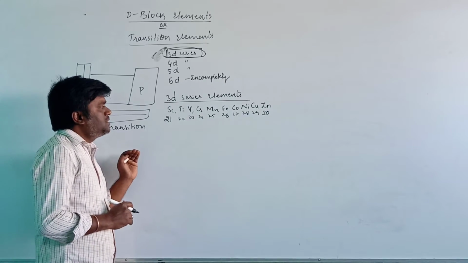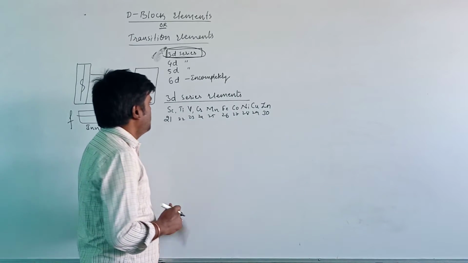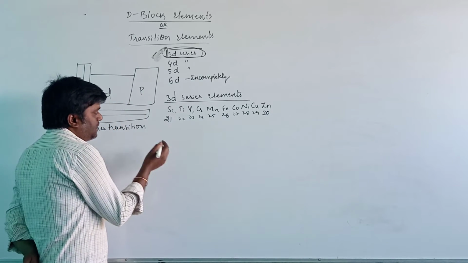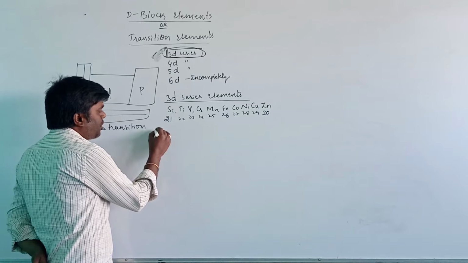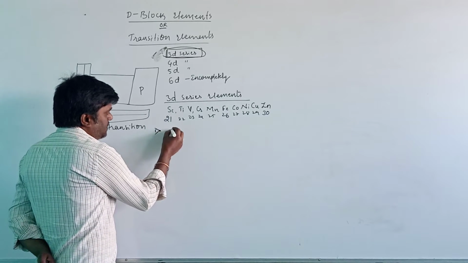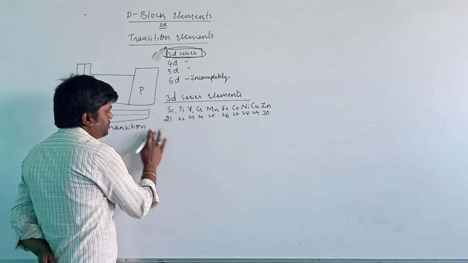Then let us see the first property of these 3D series elements, the electronic configuration.